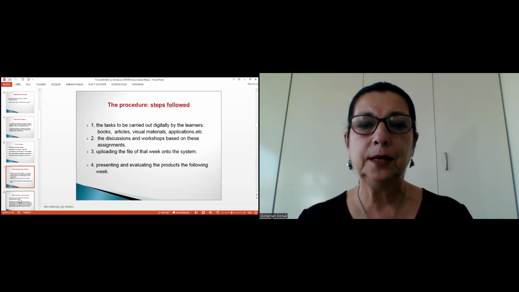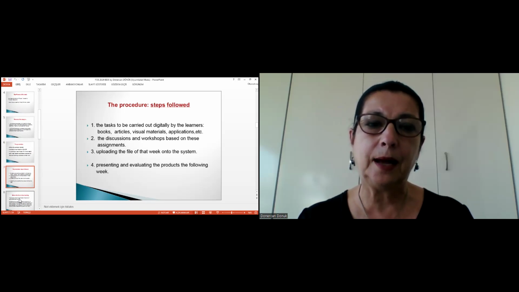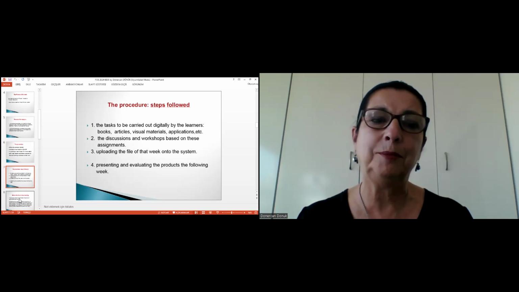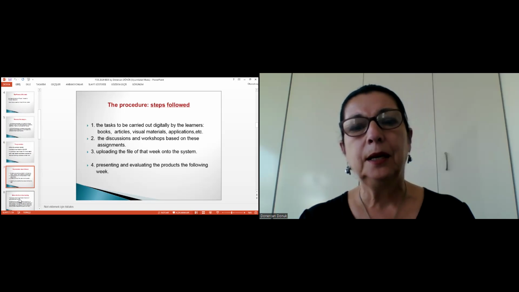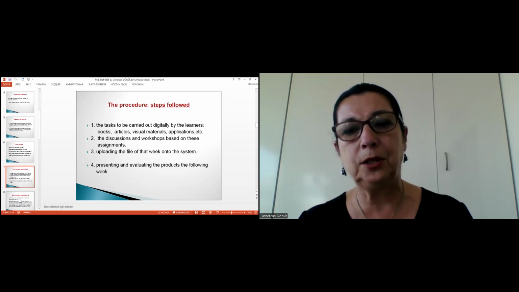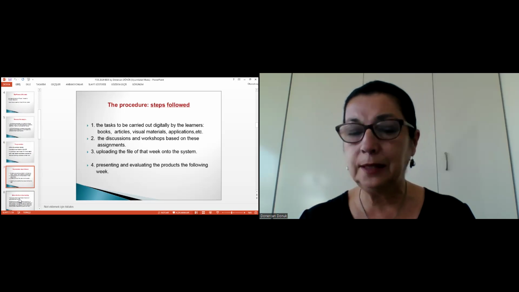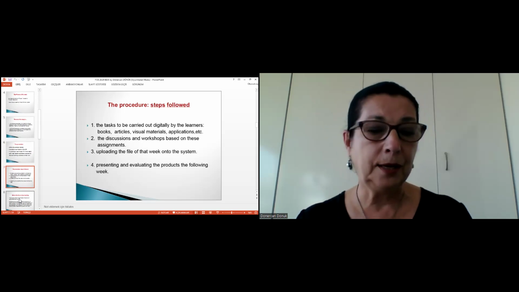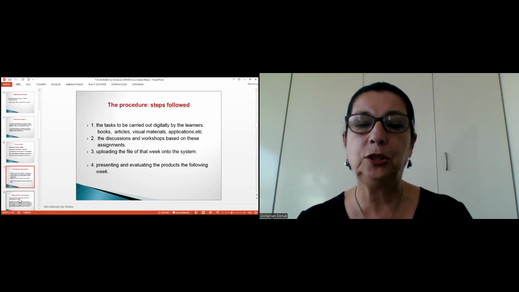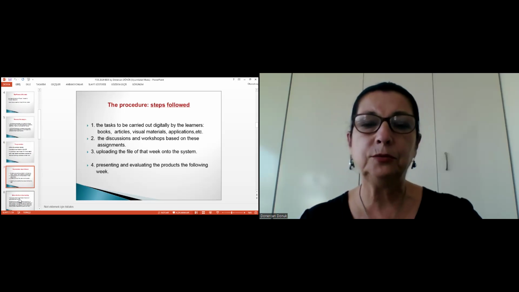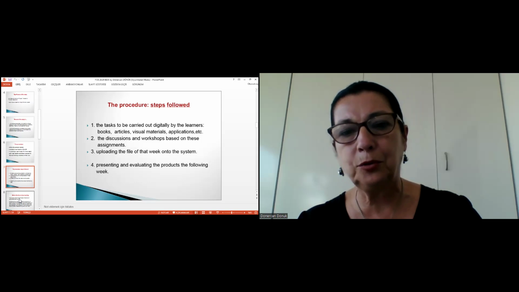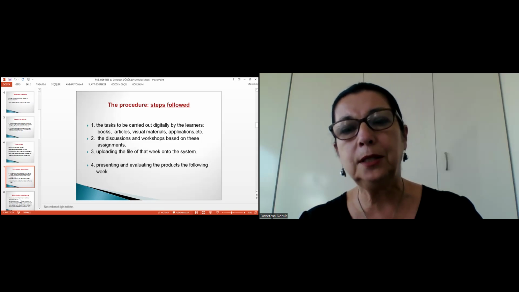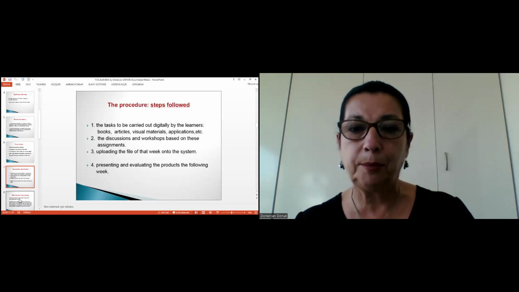And in terms of the procedure, there were some steps followed. In the first place, I asked my students, I mean teacher candidates, to perform some tasks, and they were supposed to be carried out digitally. They were supposed to collect data and information from different books, articles, visual materials, applications, maybe videos, podcasts, YouTube, broadcasts, or whatever, so that they would be informed about that week's topic.